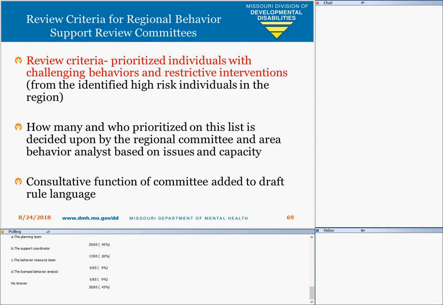Who's prioritized on this list is decided upon by the regional committee and area behavior analyst based on issues and capacity. The committee has a consultative function, and that is specified in the directive and the rule. They are there to consult and try to assist planning teams in better supporting individuals, more successfully supporting individuals.